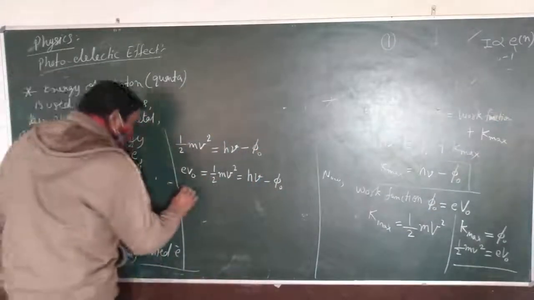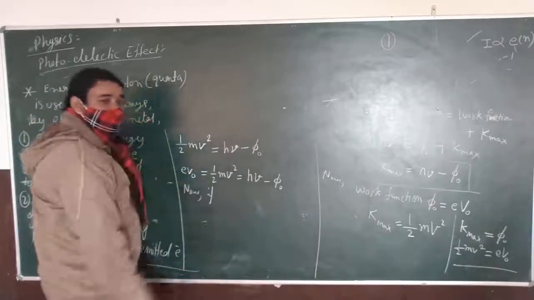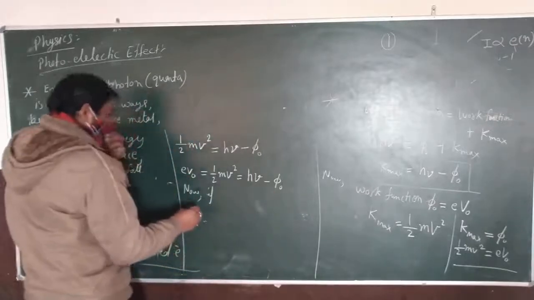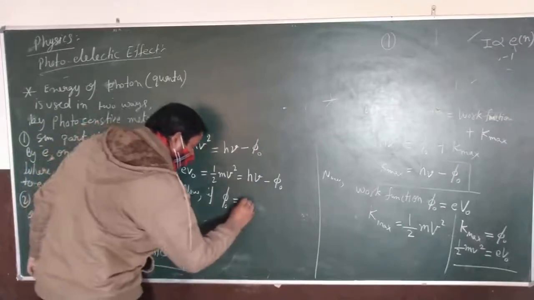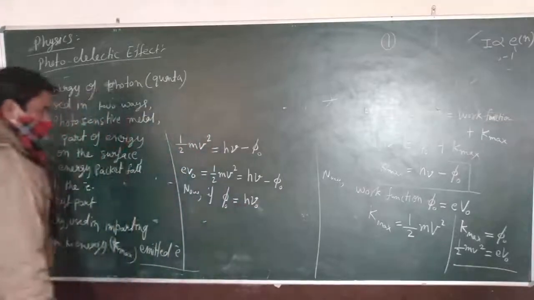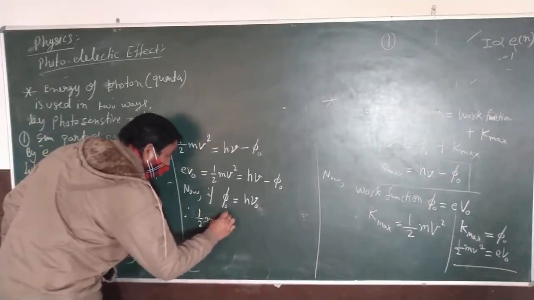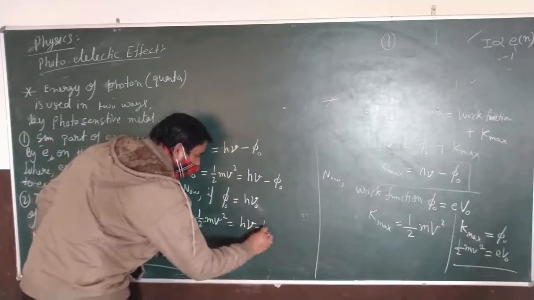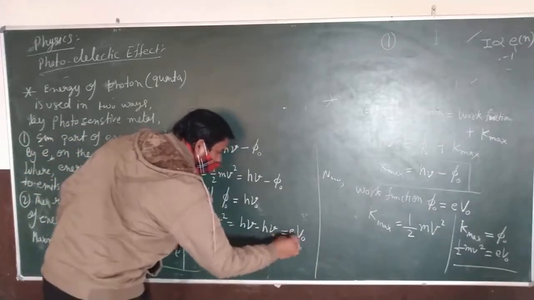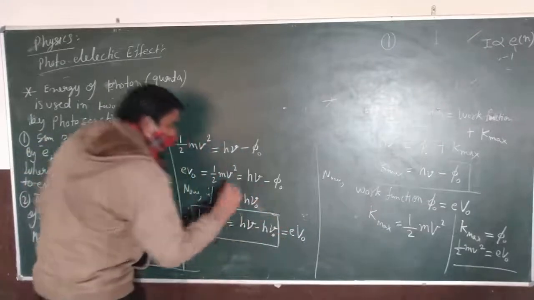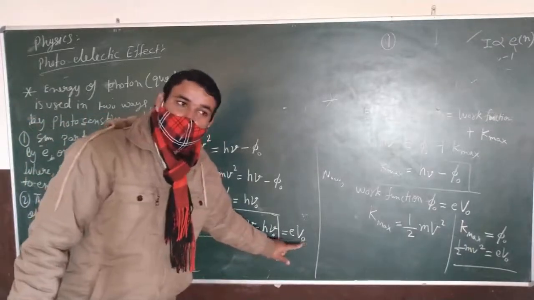Okay, now if the threshold frequency to emit the electron is equal to the work function of the photo radiation, which is given by h nu naught, therefore half mv square is equal to h nu minus h nu naught, and this is also equal to E v naught, where v naught is the minimum value of potential given to emit the electron.